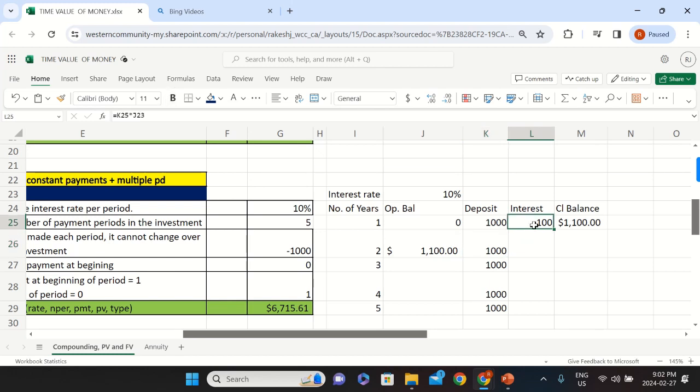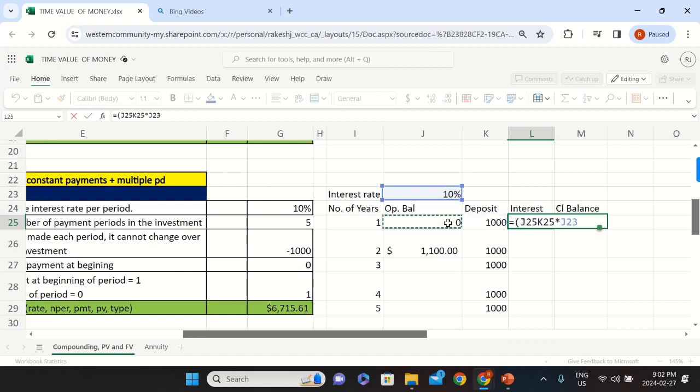So for this formula, I'm changing it. I'm just writing the opening balance, plus the $1,000, bracket close, and this is multiplied by 10%, enter.